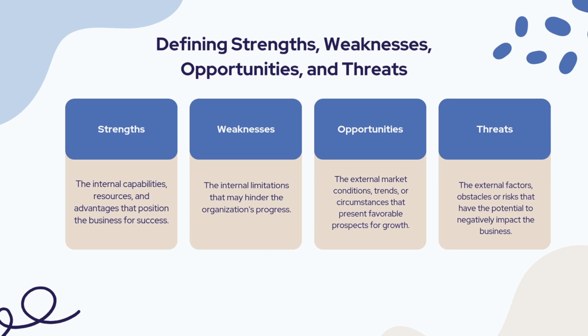So this is good and this is bad. And weaknesses are the internal limitations that might hinder the organization's progress. Hinder means disrupt. So it disrupts what the business plans to do.